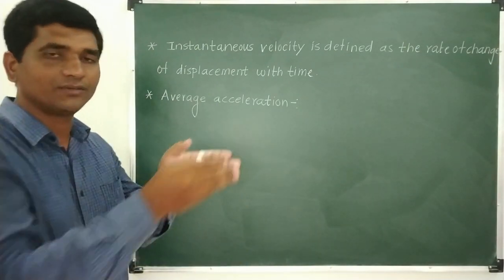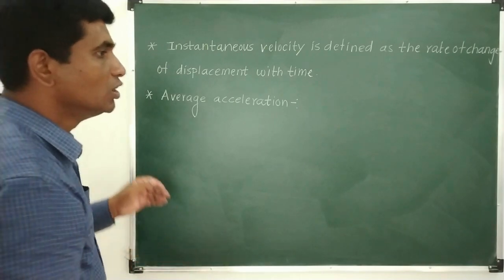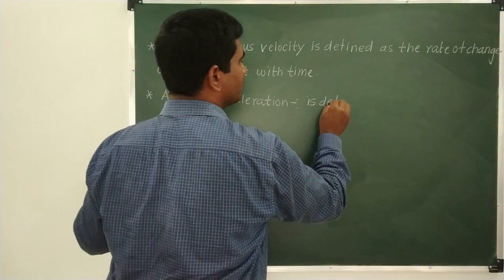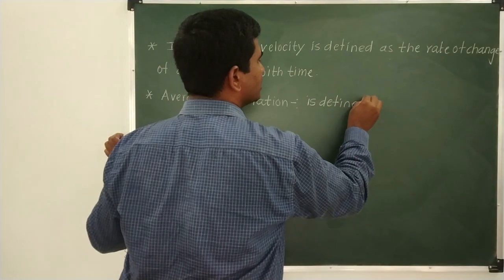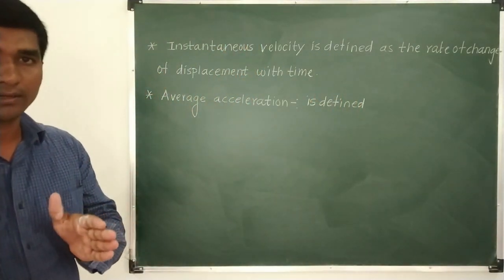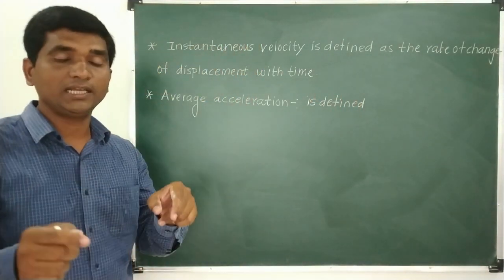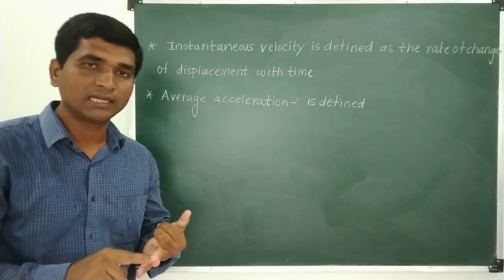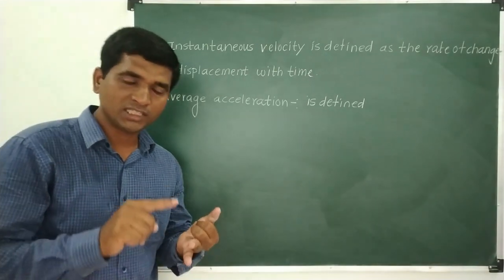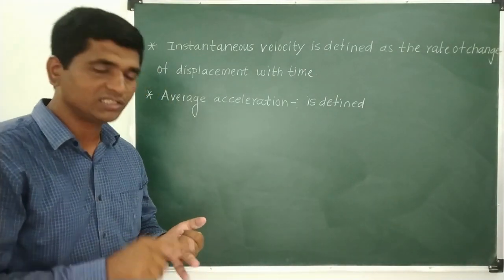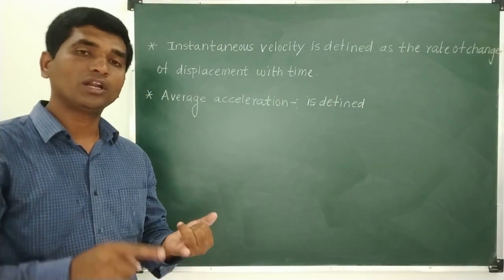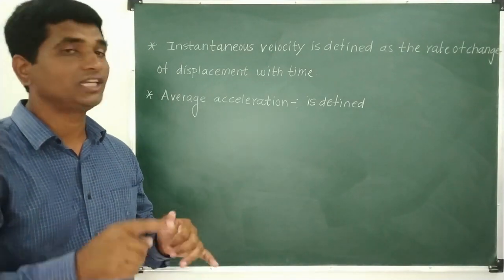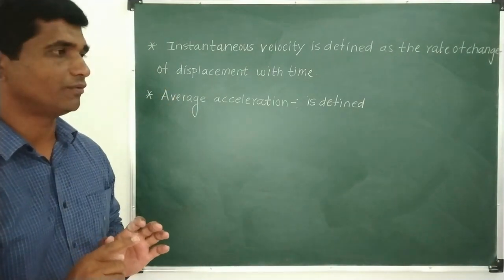So now acceleration will be derived from velocity. Remember, velocity is a vector quantity. It has magnitude as well as direction. If you want to change the value of the velocity, you can change the magnitude or you can change the direction of the velocity, then you will get some different value of the velocity.